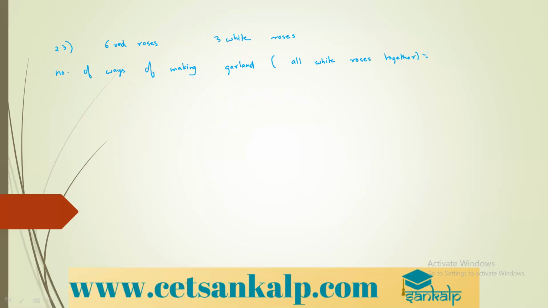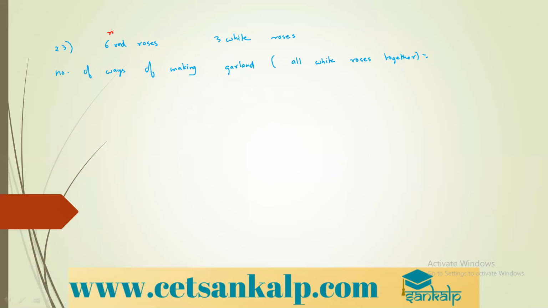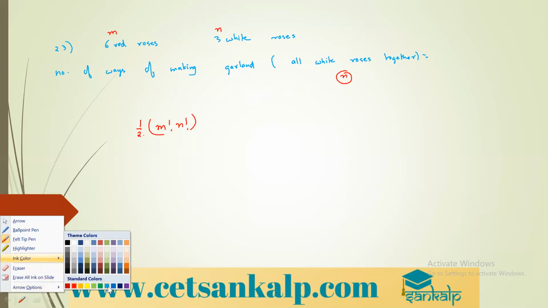So again, I have one formula like this. I'll write in red color. One type M things, another type N things. Now, all N things are together. The formula will be M factorial into N factorial, and then you have to take half because it is circular permutation.